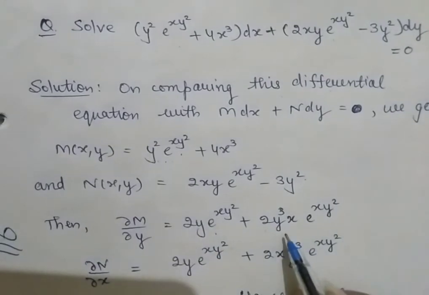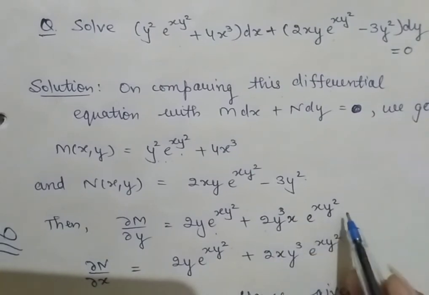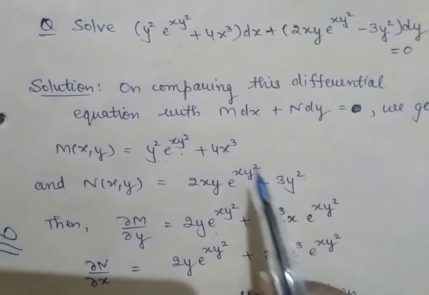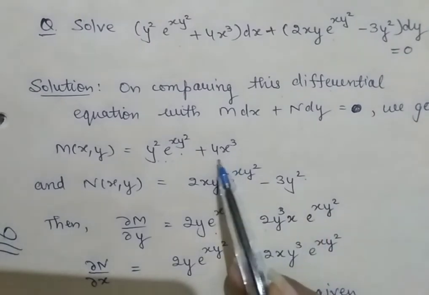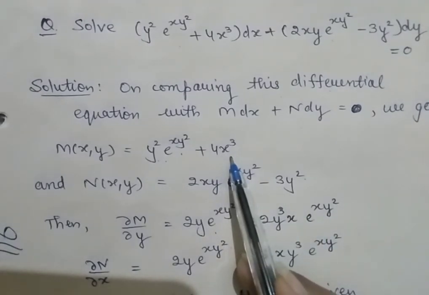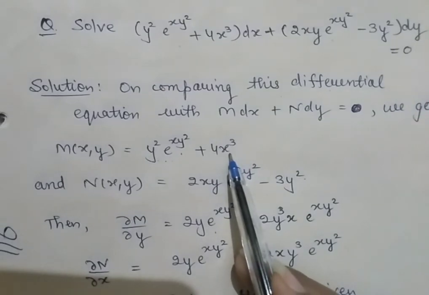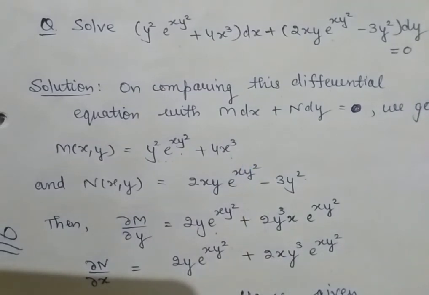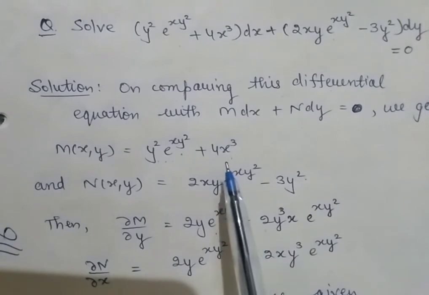So I will get 2xy cube e raised to the power xy square. Now if we differentiate this term, 4x cube, with respect to y, then that will be 0 because here we have no y term and we are treating x as a constant.